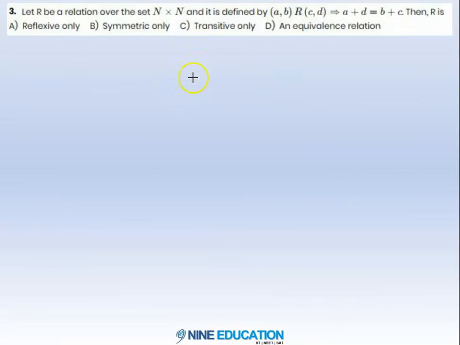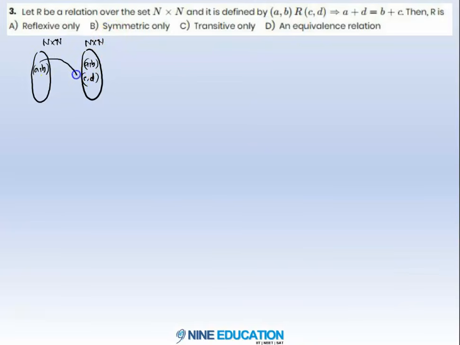Question number 3 is: let a relation over the set N cross N be defined by the ordered pair (a, b) related to the ordered pair (c, d) if a plus d is equal to b plus c. So here the relation is defined from N cross N to N cross N. It means both the sets have ordered pairs. Let's suppose (a, b) is an ordered pair in the first one, then in the second one we can have (c, d), and like that different ordered pairs are there.